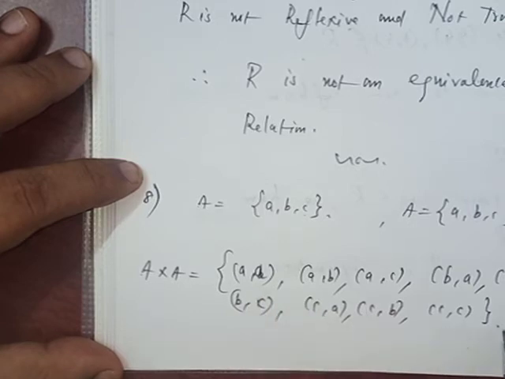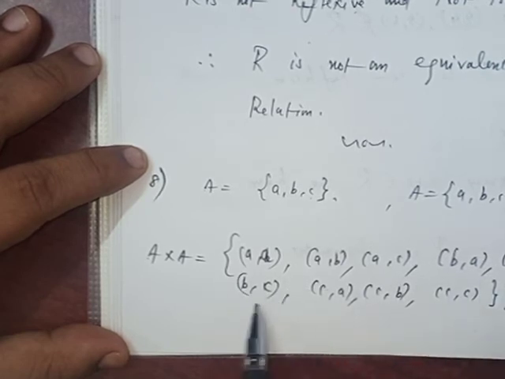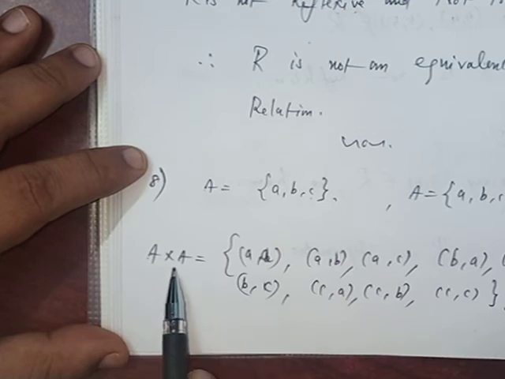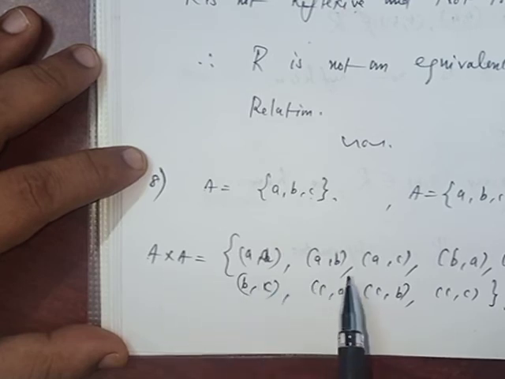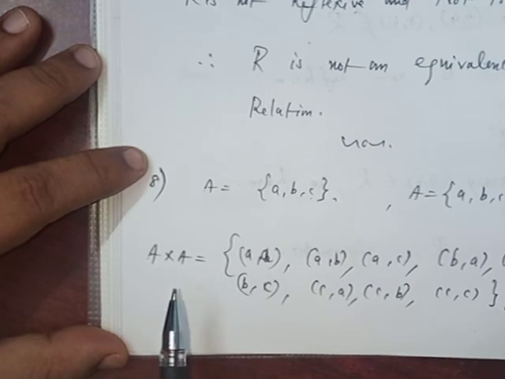If you need one more example, I can take that one. I take (B, B) and (B, C). Here it ends with B, here it starts with B. So continuity is there. What is the resultant? (B, C), that is also here. So for every (A, B), (B, C) belonging to A cross A, (A, C) also belongs to A cross A. Therefore, it is transitive also.